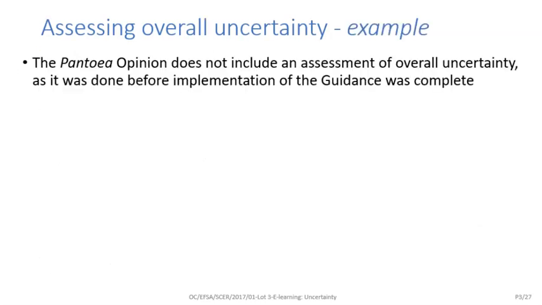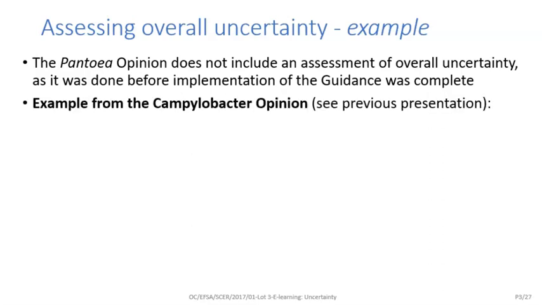The Pantoea opinion does not include an assessment of overall uncertainty, as it was done before implementation of the guidance was complete. So let's have a look at an example from the Campylobacter opinion, which we looked at in the previous presentation.